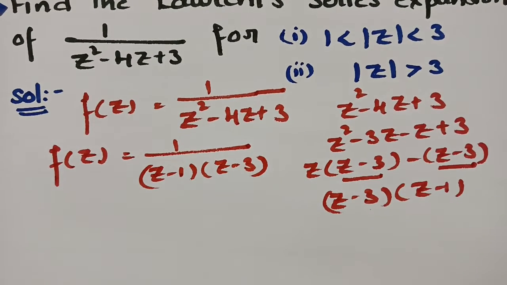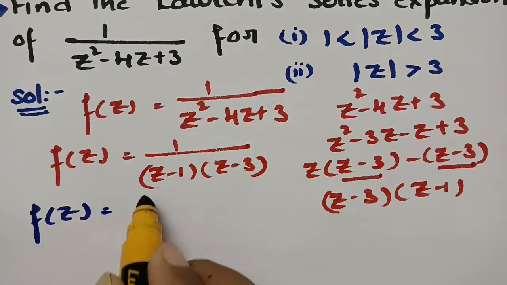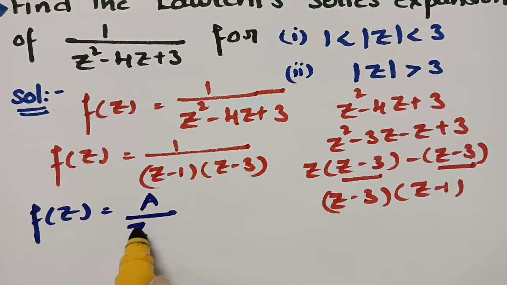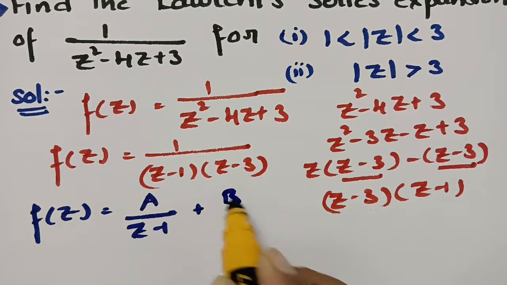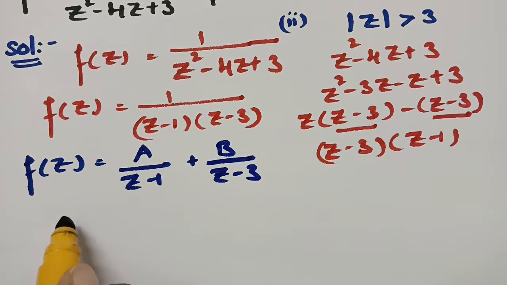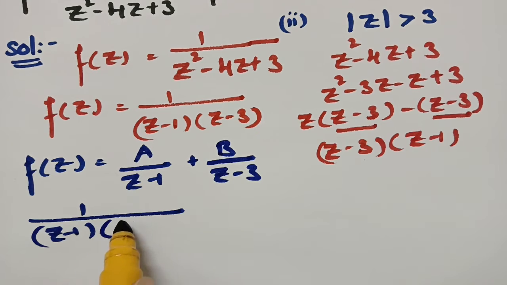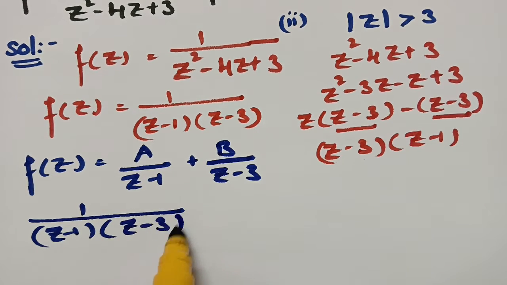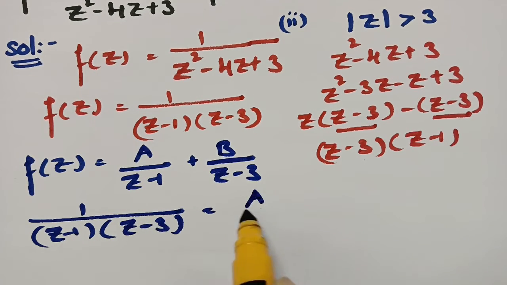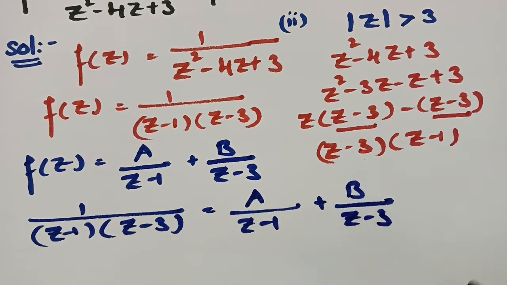Now I am going to split this as f of z equals a by z minus 1 plus b by z minus 3. Now I am going to resolve into partial fractions and find the values of a as well as b. So 1 by z minus 1 into z minus 3 is written as a by z minus 1 plus b by z minus 3.